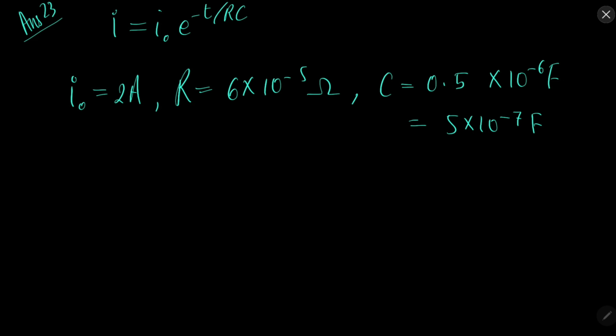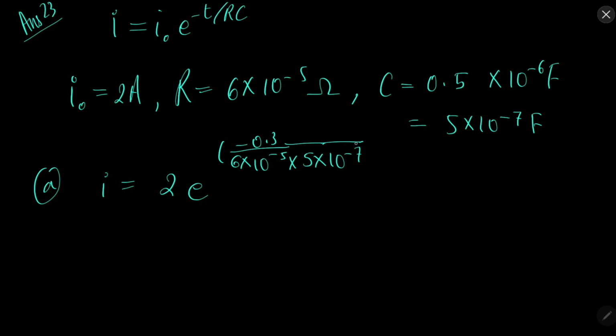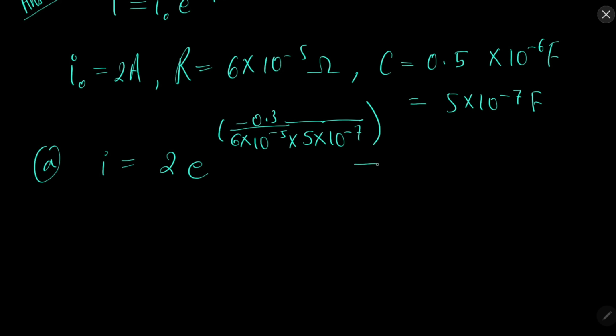So first of all, current will be 2 e to the power minus 0.3 over 6 into 10 to the power minus 5 into 5 into 10 to the power minus 7. Once you simplify this, you will find it is 2 over e amperes.